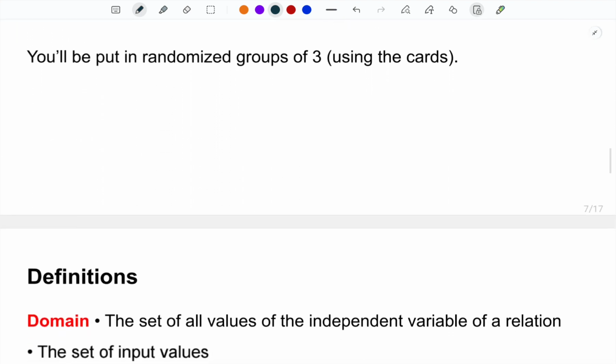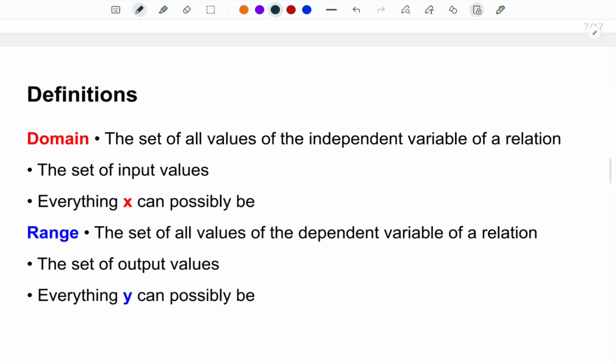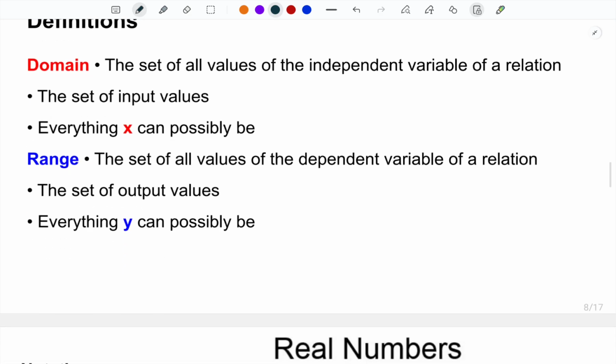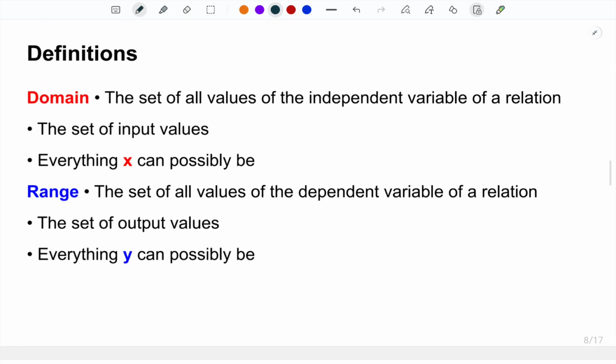Okay, we're going to skip that activity because this is the video. But those inputs and those outputs are exactly what the domain and the range are getting at. The domain is just the set of input values. Or if we're thinking about a function like f of x, it's everything that x could possibly be. And that's not necessarily always going to be any number.